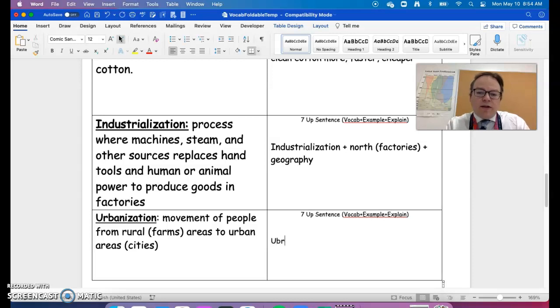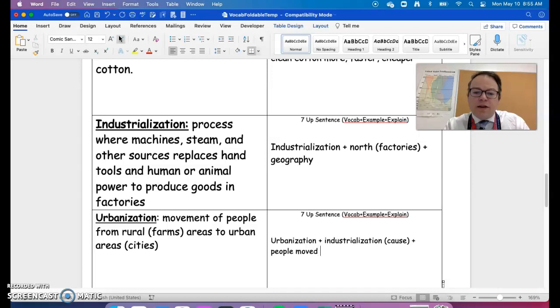We can say our vocabulary word is urbanization. What is our example? We can say industrialization, getting those vocabulary words in there, was a cause why people moved to cities for jobs and factories.